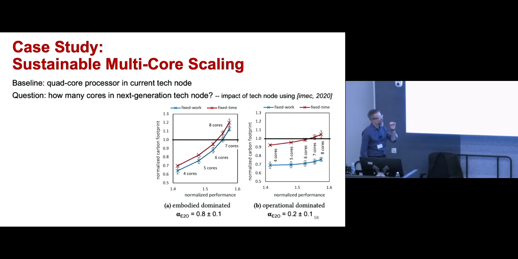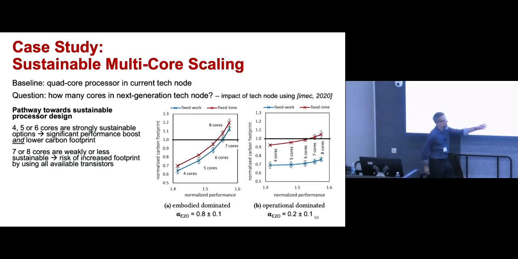And the question is, what is going to be the carbon footprint if we go to a new tech node? First, when the embodied emissions are dominating on the left-hand side and when the operational emissions are dominating on the right-hand side, again, for a fixed work and a fixed time scenario.